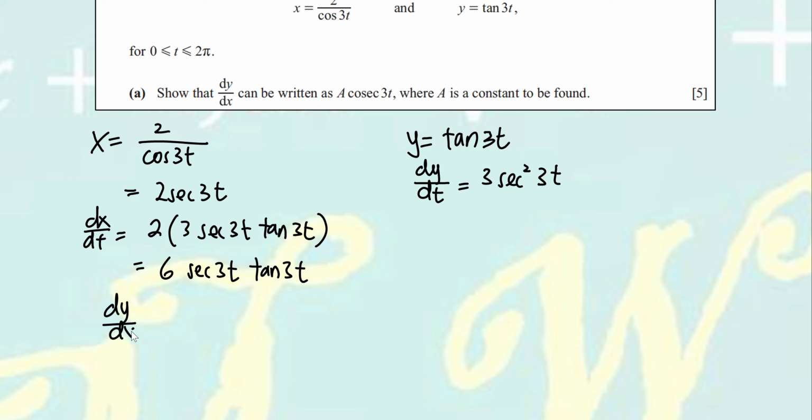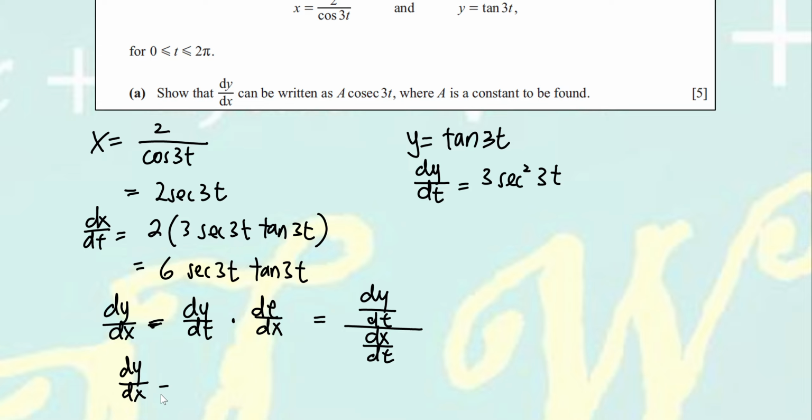dy/dx equals dy/dt times dt/dx. You can use this way, or you can just write dy/dt divided by dx/dt. So I will use the second formula, which means your dy/dx is the division of 3 secant squared 3t and 6 secant 3t tangent 3t.